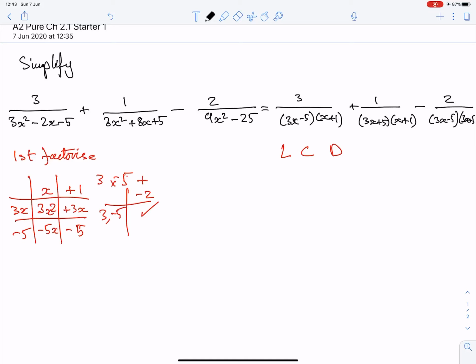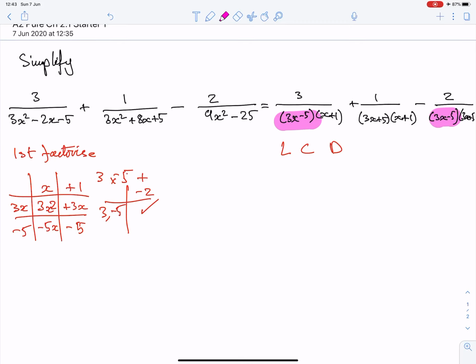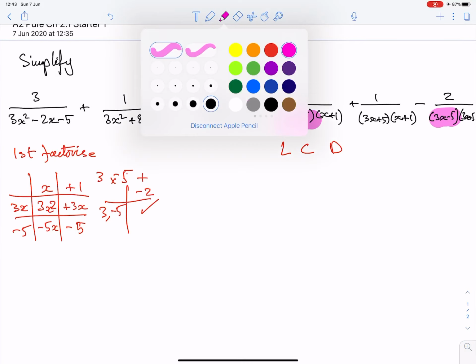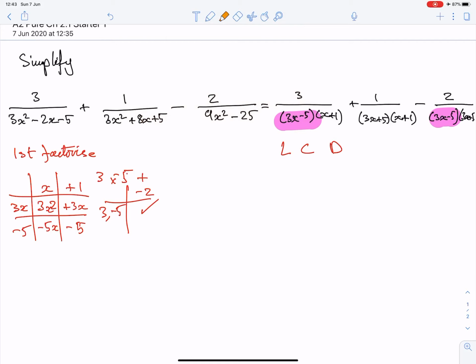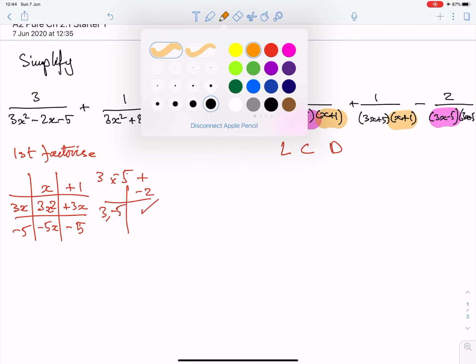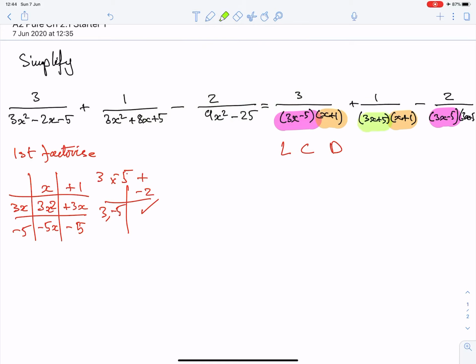So hopefully we notice that we've got pairs of factors. 3x minus 5, 3x minus 5, so that occurs there and there. Here we've got x plus 1 and x plus 1. So they're common to both. And then we've got a final pair, 3x plus 5, 3x plus 5.